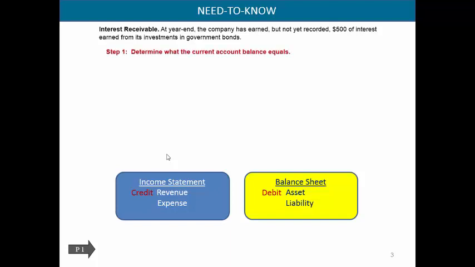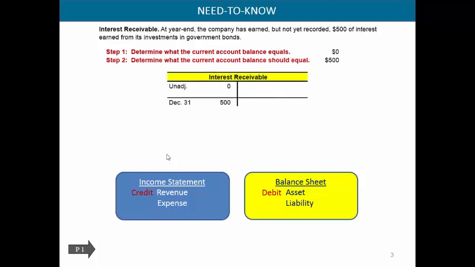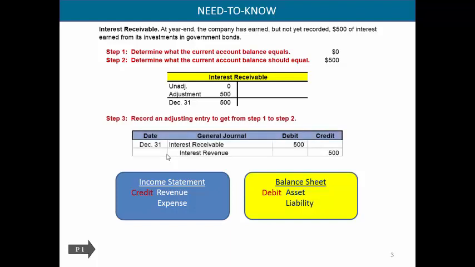So if we are closing our books on December 31st and we have earned revenue because we have loaned out our money, we need to show the fact that we have earned that revenue and we are owed that money by someone else. So we'll do that by showing that we have interest receivable because someone owes us interest, and we have already earned this revenue because time has passed. We were loaning someone our money, and we have therefore earned this interest.